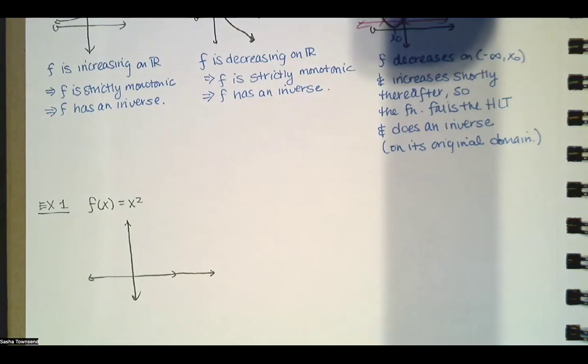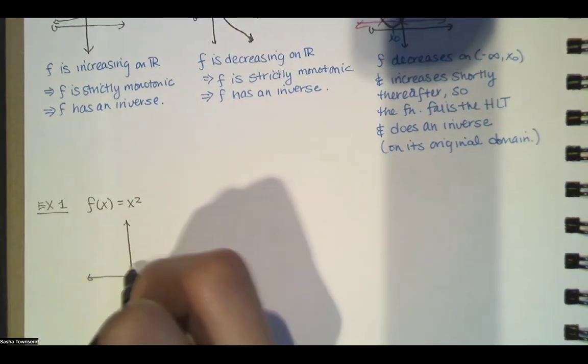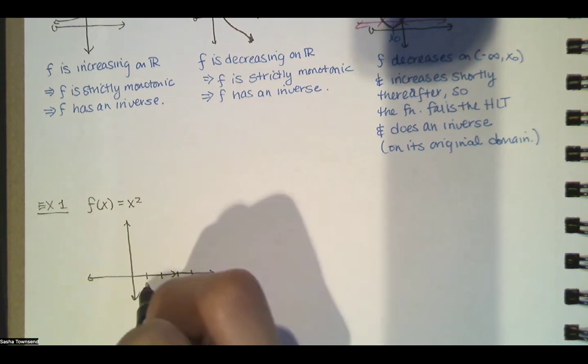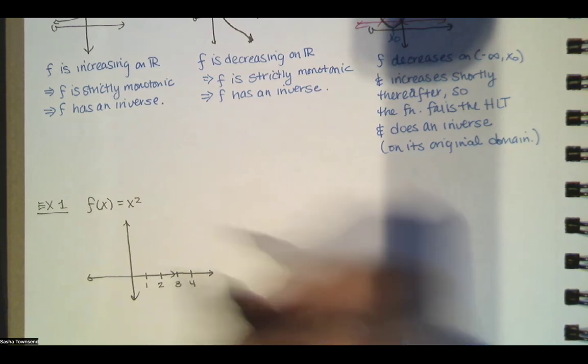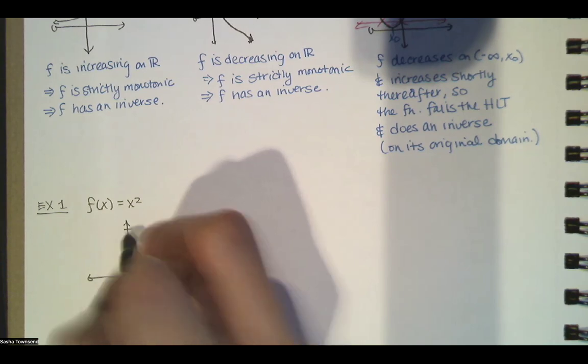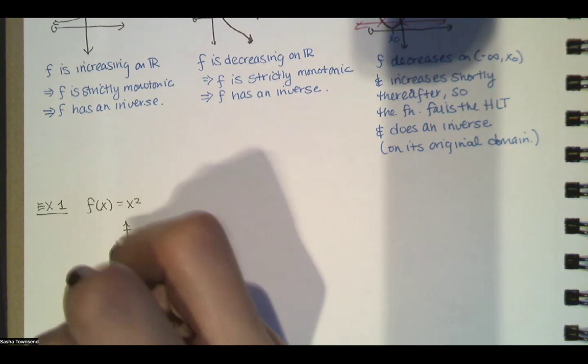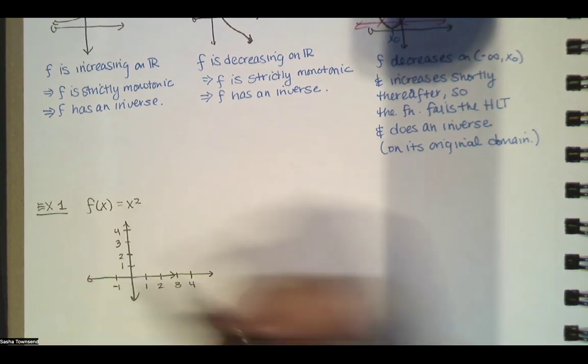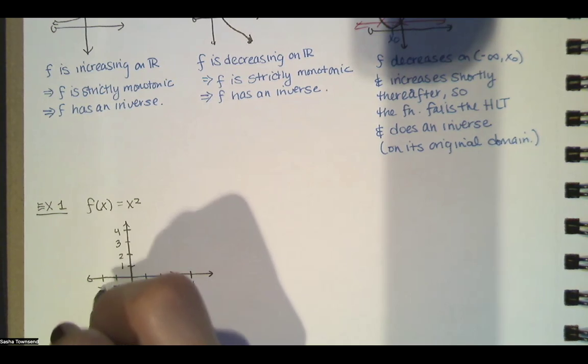I want to try to draw a good graph this time. Try to keep all my tick marks evenly spaced. This is 1, 2, 3, 4. 1, 2, 3, and 4. And f of x equals x squared.